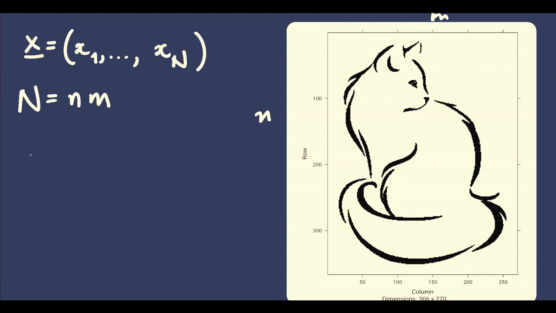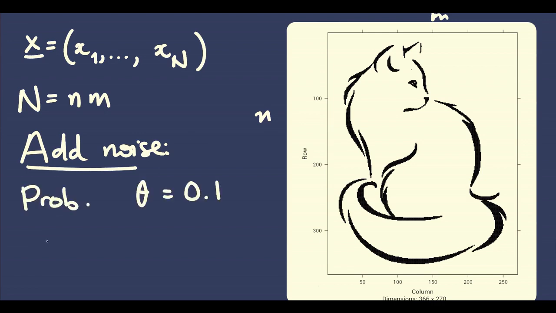Then how do we add noise? We take each pixel independently and flip its value or not. We flip its value with a probability of 0.1, and we'll call the noisy image y. For each pixel in our noisy image, we'll call the pixels yi.